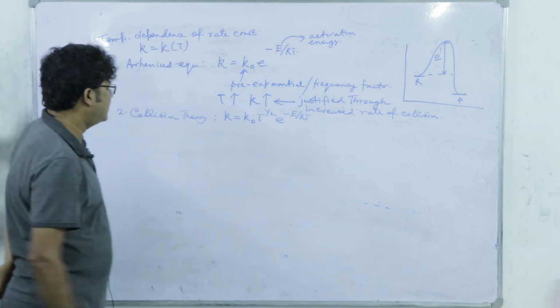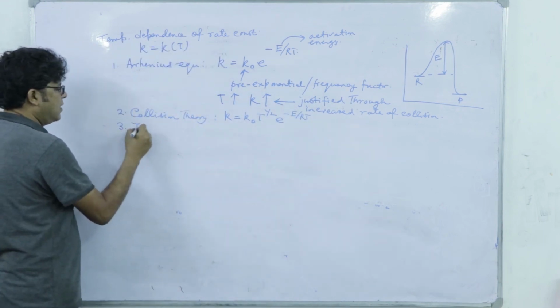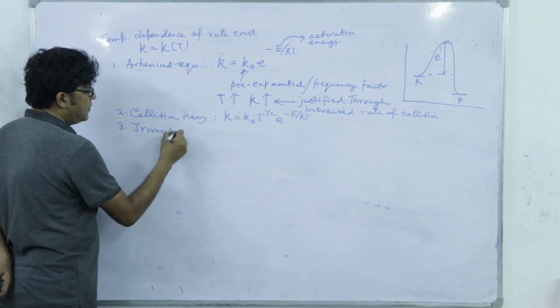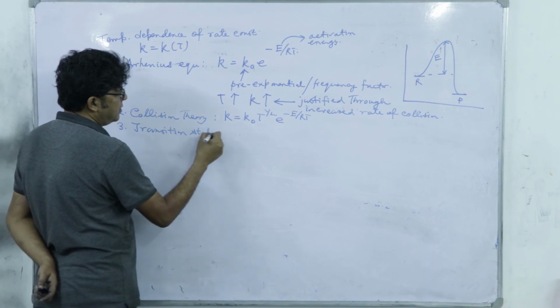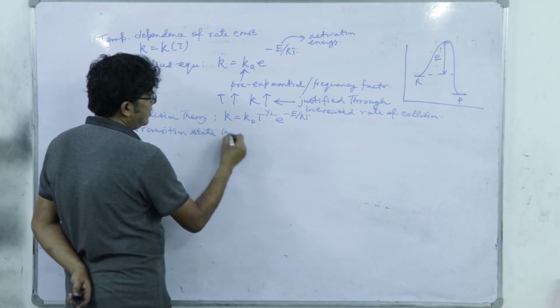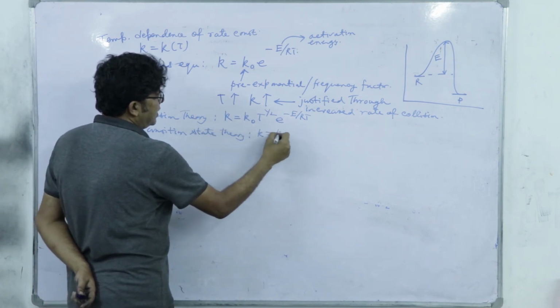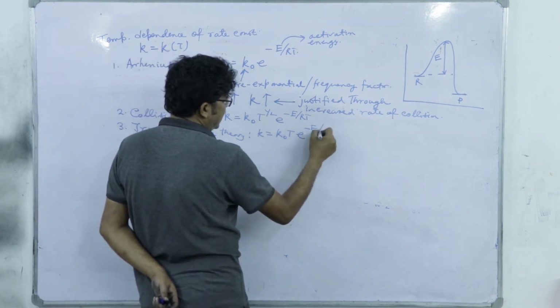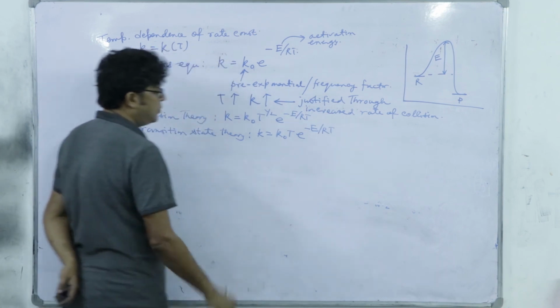And the third one is called the transition state theory, where there is also an additional temperature term being multiplied with this K naught into e to the power minus E by RT.